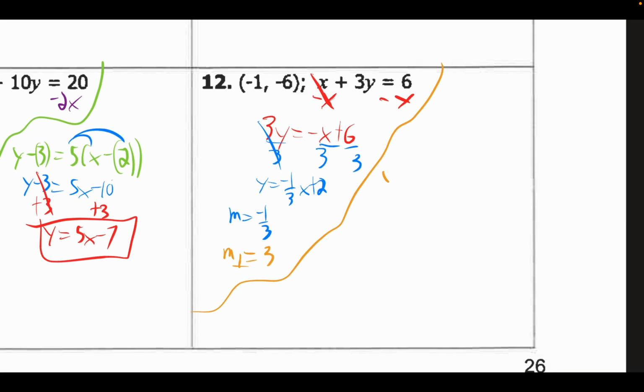And so I plug this in and I get y minus a negative 6 is equal to 3 times the quantity of x minus a negative 1. And then from there, I go ahead and say those two negatives make a positive when they're in a row, and I get y plus 6 equals 3x plus 3.